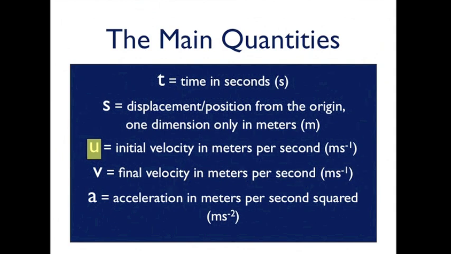So u stands for the initial velocity, the velocity at time 0 when you start to look at a situation. Now, it's measured in meters per second, coming from the meters and the seconds that we just talked about. But for IB purposes, they don't write it as a fraction. They always write everything in the numerator.